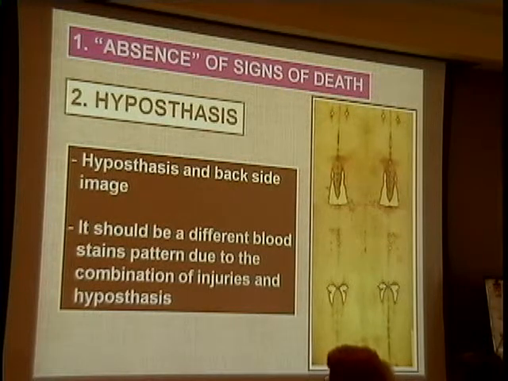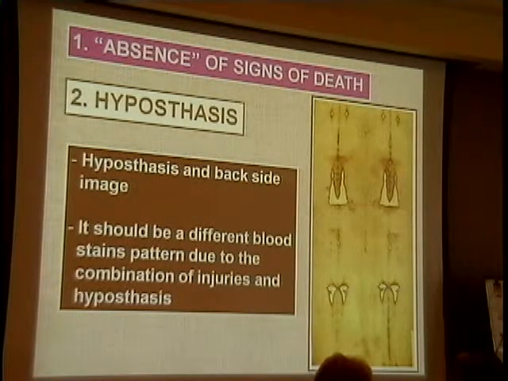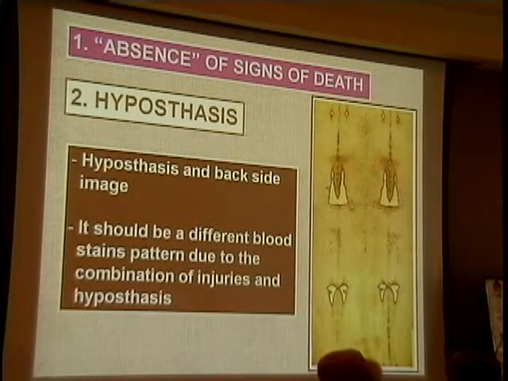So if you see the back imaging of the Shroud of Turin, you see that there are injuries on the surface, specifically the ones regarding the scourging of the body, and you don't see a general blood stain that should be formed because the blood should be out through these injuries on the surface.